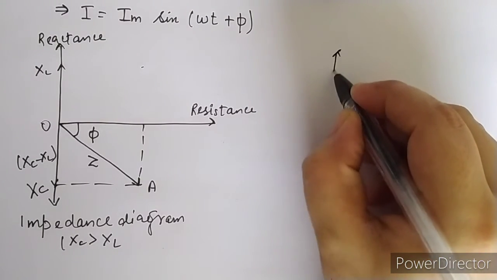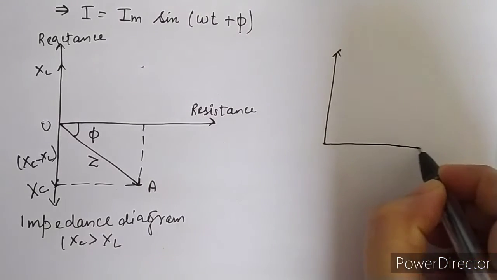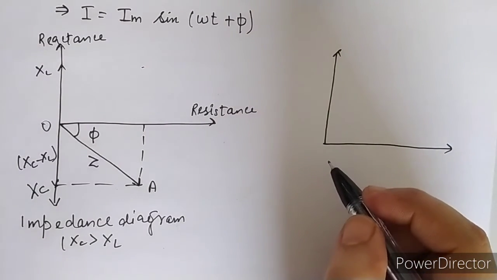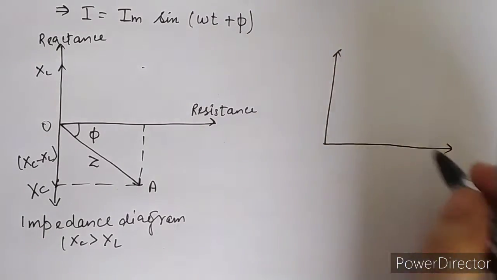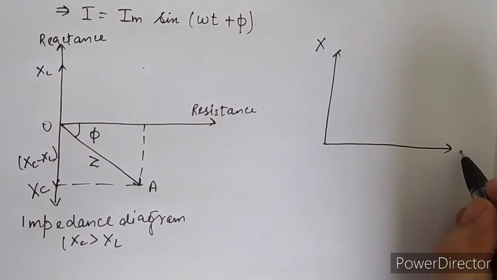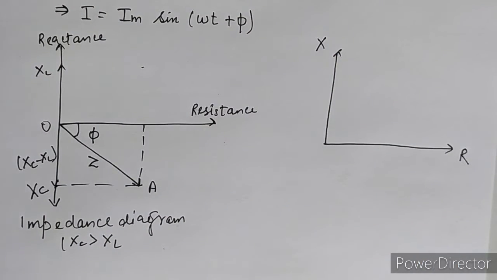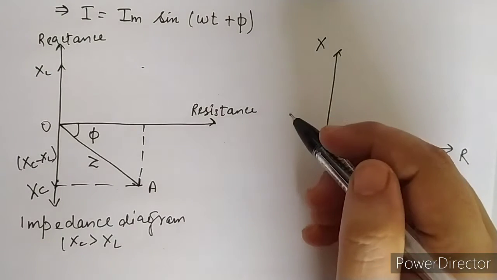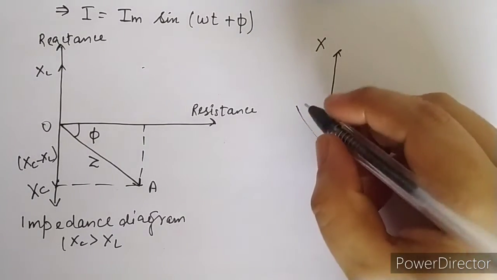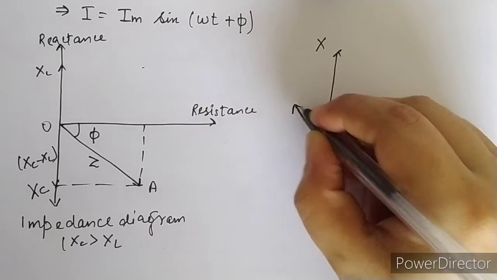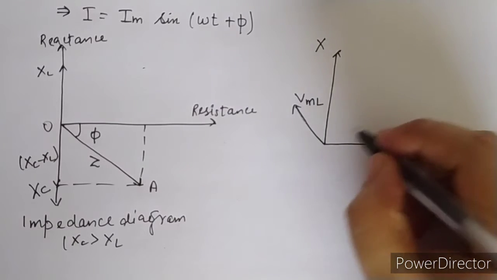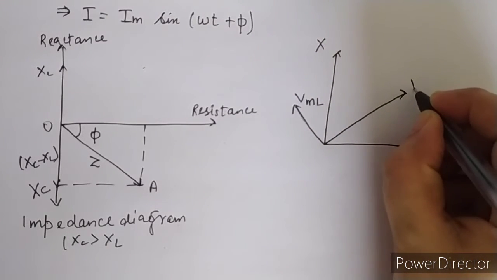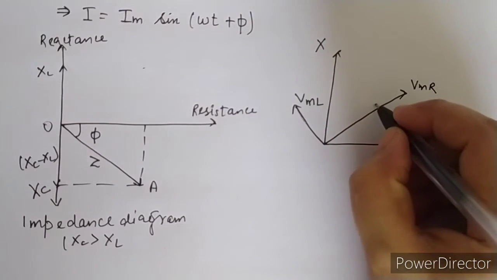So here is our phasor diagram. Now here this is for the reactance and this is for the resistance. Okay. And now if we plot the diagram, here is VML and here VMR on the same series.